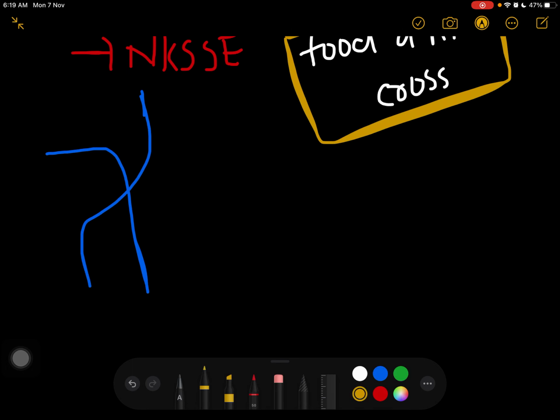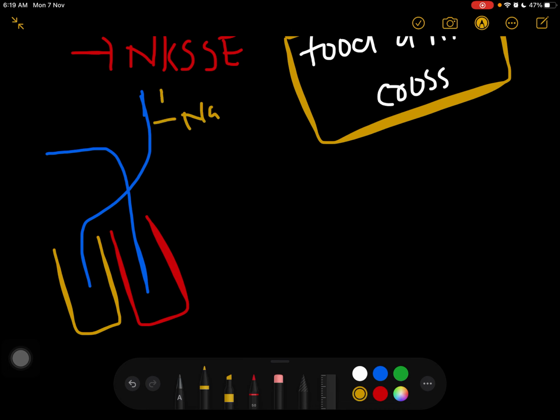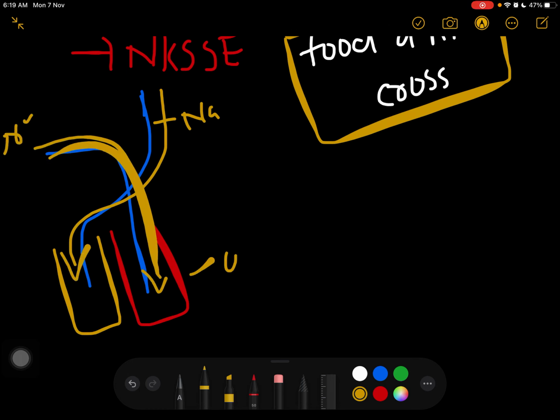Here you can see this is having trachea and this is the esophagus. This is the nasopharynx, so the air is coming into the trachea, and this is the oral cavity, and the food is coming into the esophagus.